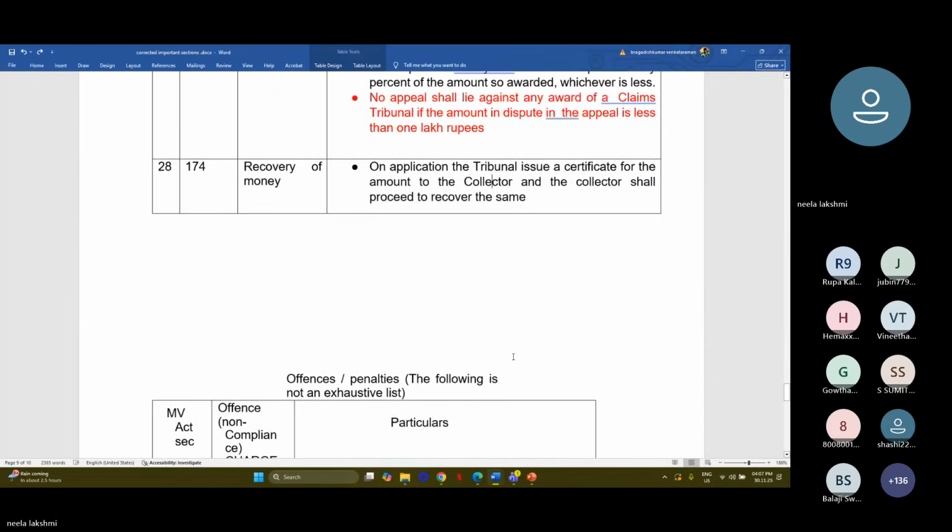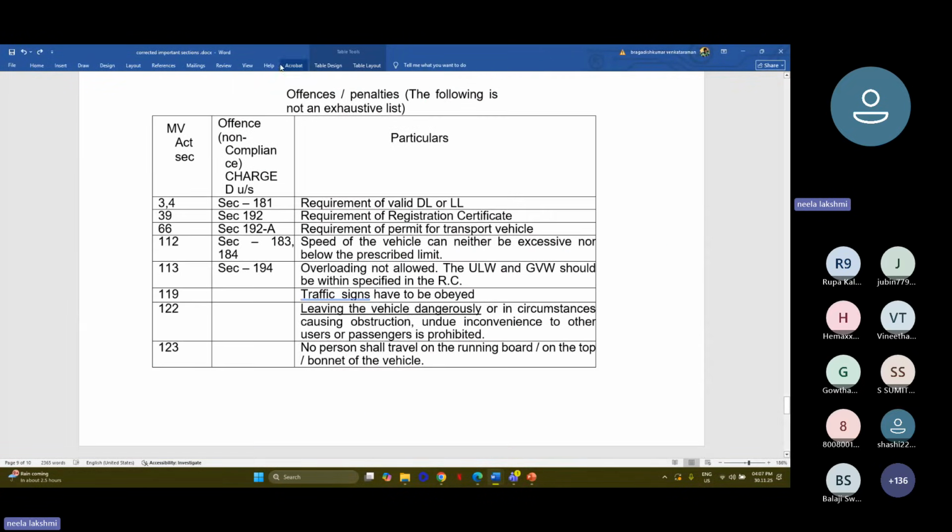Here, I have given some offenses committed and the penalty under which section they are to be punished. Section 3 is regarding the mandatory driving license. If anybody violates that section, it is punishable under Section 181.